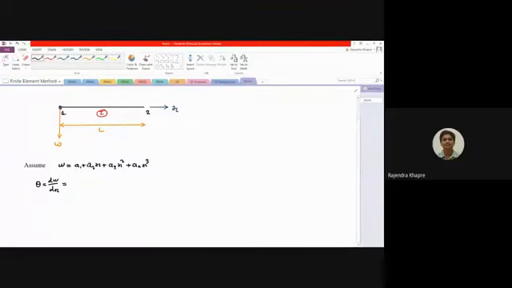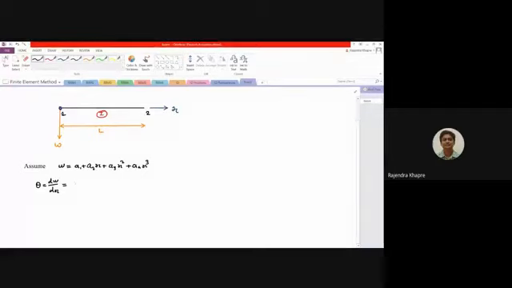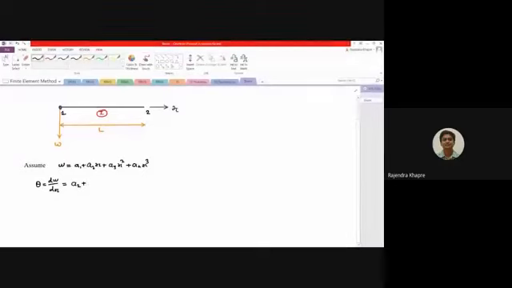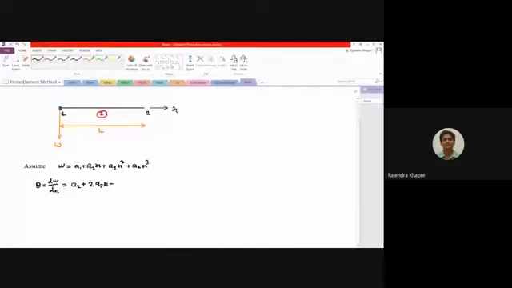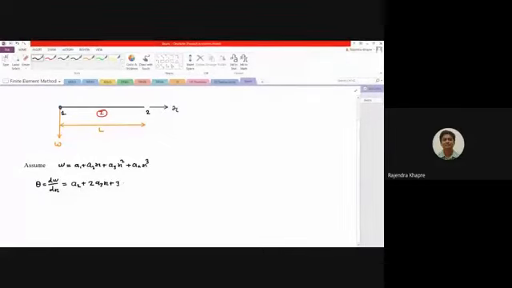D by dx of a2 into x will simply be a2. The third term will be 2 into a3 into x, plus 3 into a4 into x to the power 2. So this is the equation for the rotation.